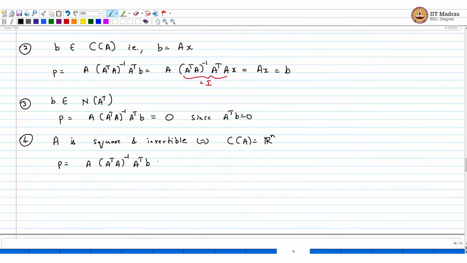Yes, simply because the columns span the entire space. So every b is there. So what should I recover whenever I project using this matrix? I should recover b, and that is what happens. Because A is invertible, I can take the inverse inside this A transpose A inverse. So I would get A inverse A transpose inverse A transpose b, which is nothing but b.